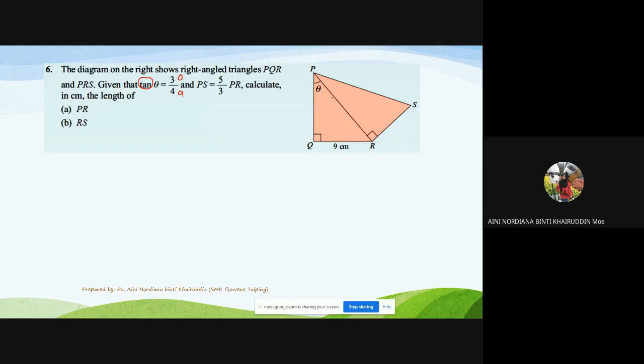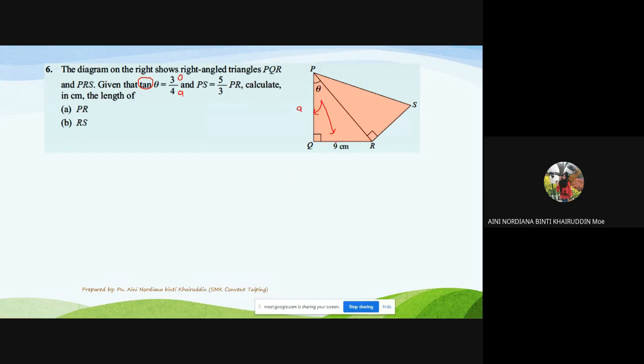PR is here. So first, you calculate the length of PQ first. Because here given tangent theta. So tangent is opposite over adjacent. This is opposite. This is adjacent.